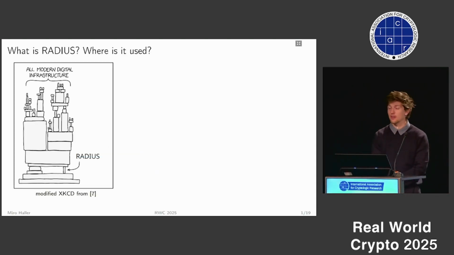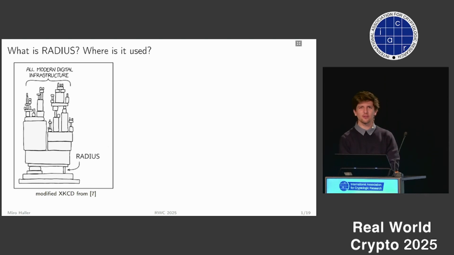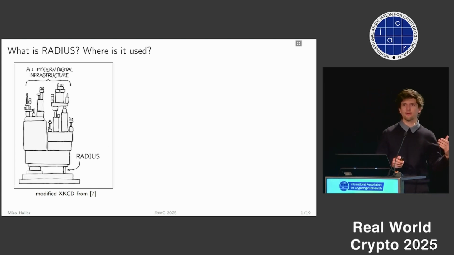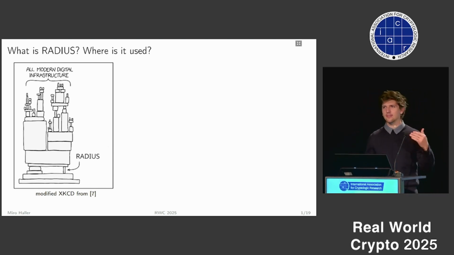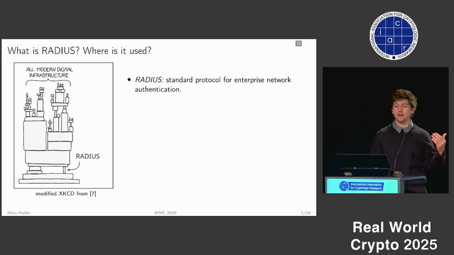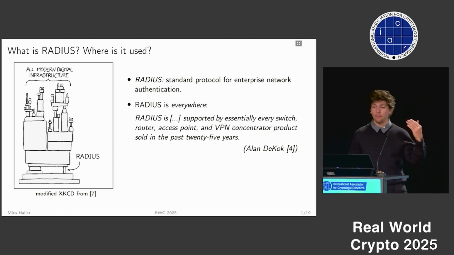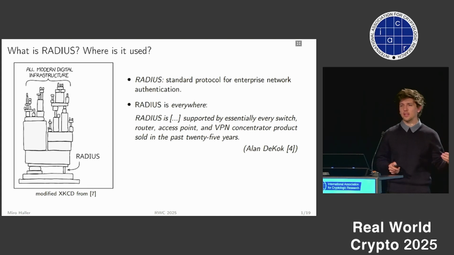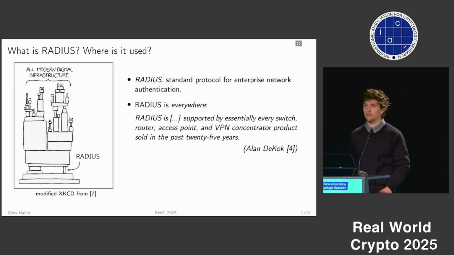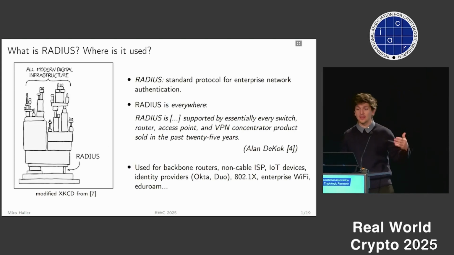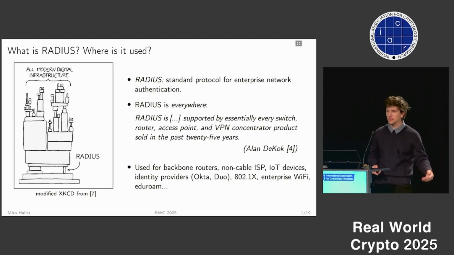You might have never heard of Radius, but the infrastructure that you're depending on most likely is using Radius. Radius is often hidden from the end user, but it's a de facto standard for enterprise network authentication. And as such, it's basically supported by every piece of networking gear that was produced in the last 25 years. So for example, Radius is used to authenticate access to internet backbone routers.